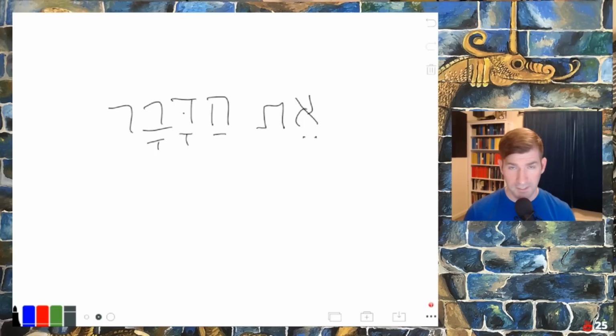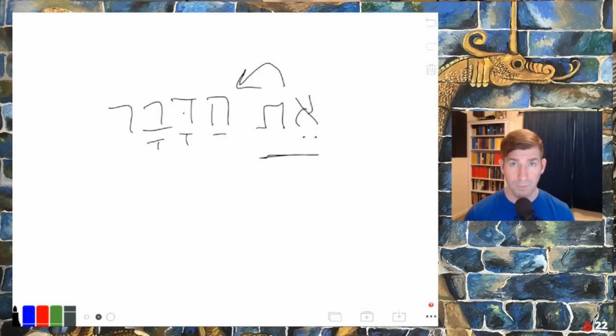Let's say hadavar, the word, the thing. So et hadavar. We don't translate et. It's left untranslated in English because all it is is an arrow that says, "Hey, the next word in this sentence is the direct object in the sentence, or at least one of them."